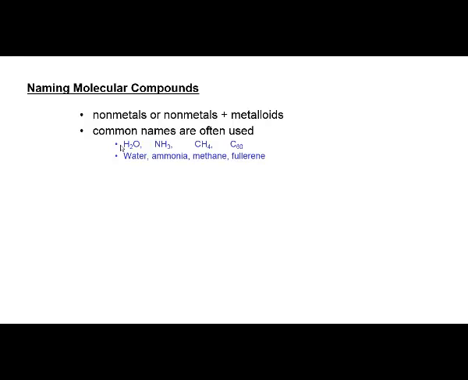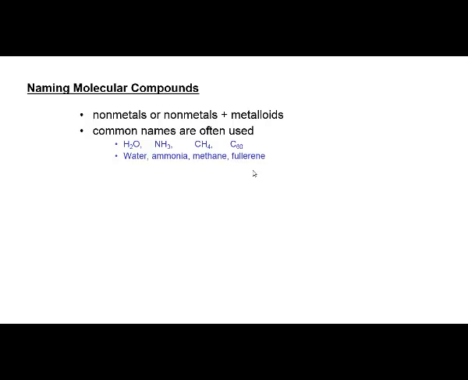For example, natural gas, one of the main components is CH4, methane. We can also see an allotrope of carbon, which has 60 carbons in a shape like a soccer ball. This is sometimes called a fullerene, or in slightly looser naming, you'll hear them called buckyballs, named after Buckminster Fuller, the architect who produced geodesic dome structures and architecture.